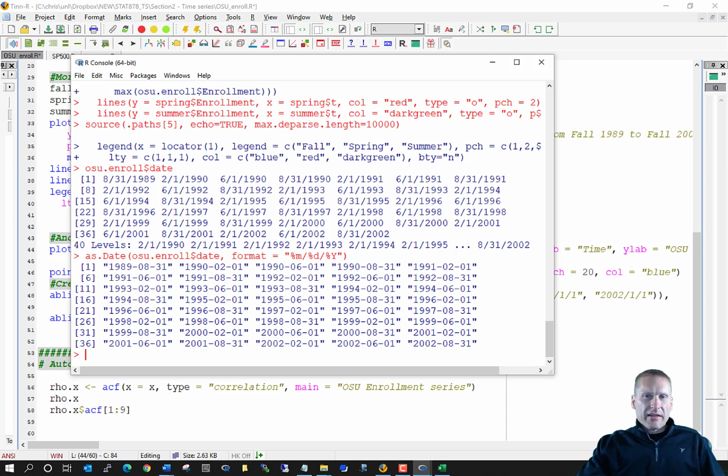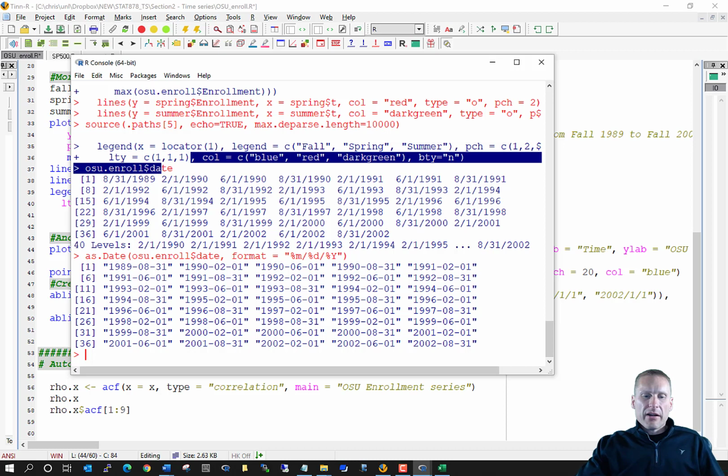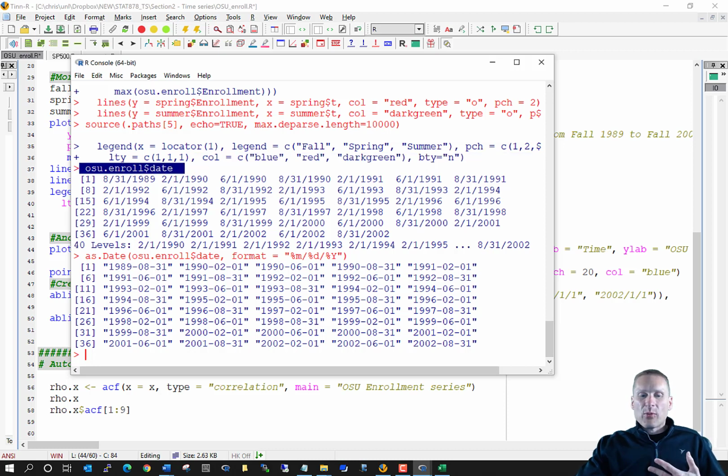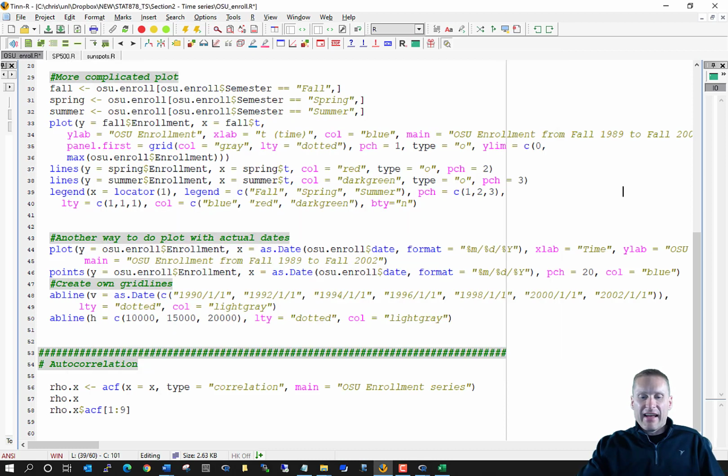R now recognizes this actually as a date itself. Before here, R did not recognize this as a date. It was just, here's some characters that were put together. Now R recognizes this as a date. That's going to go on my x-axis.